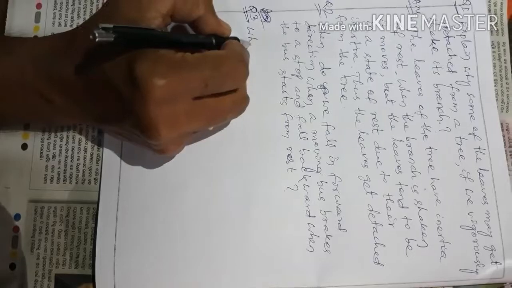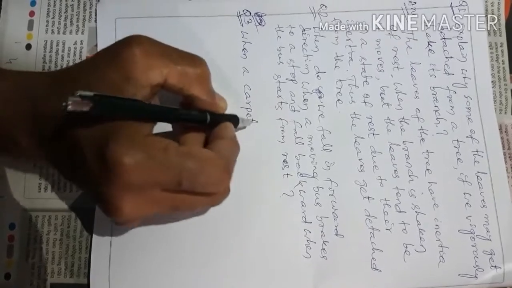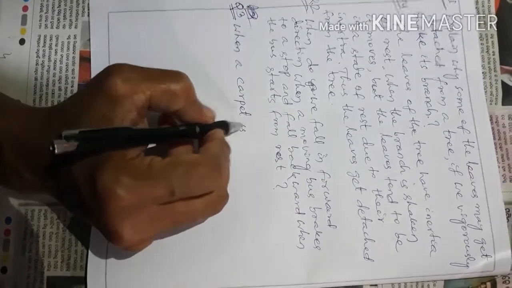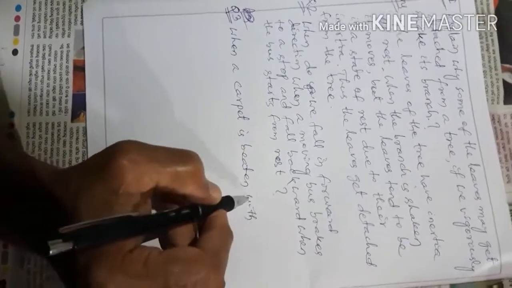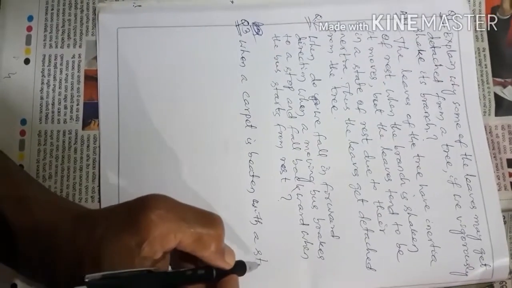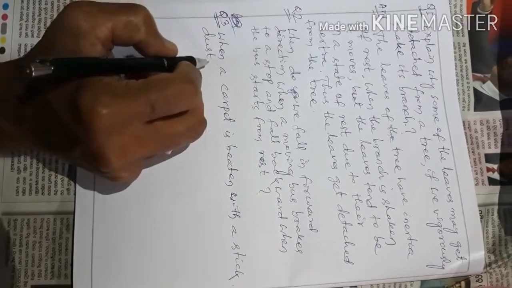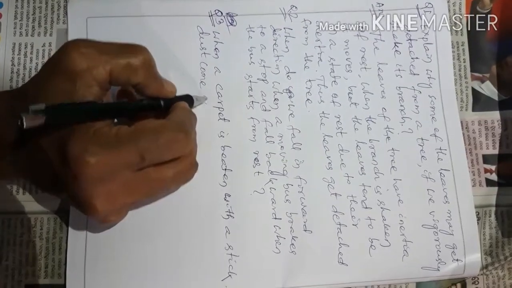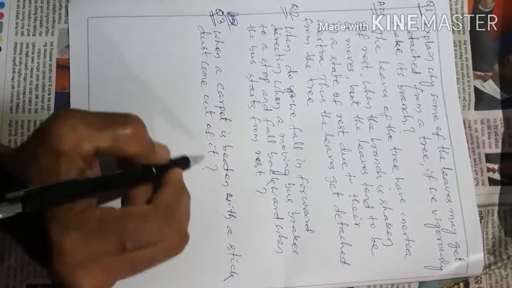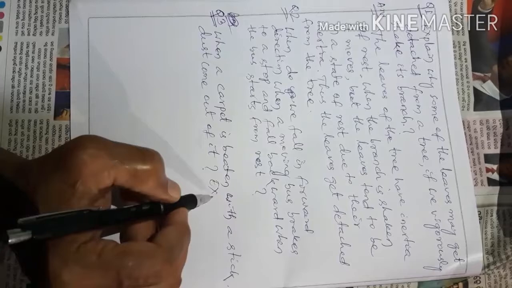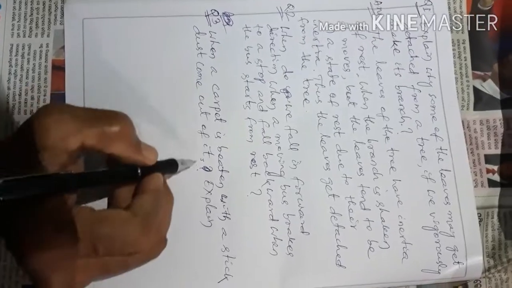I am writing: when a carpet is beaten with a stick, dust comes out of it. Why? Explain.